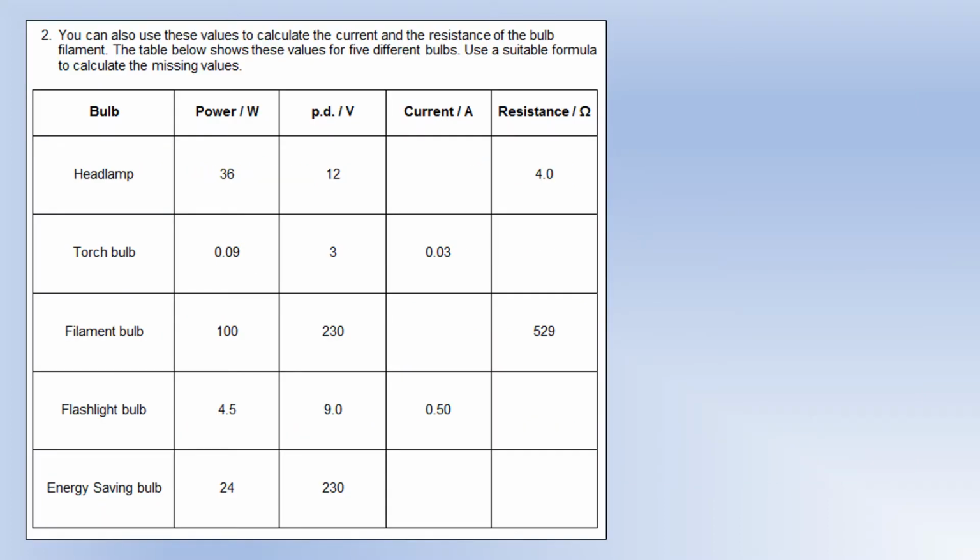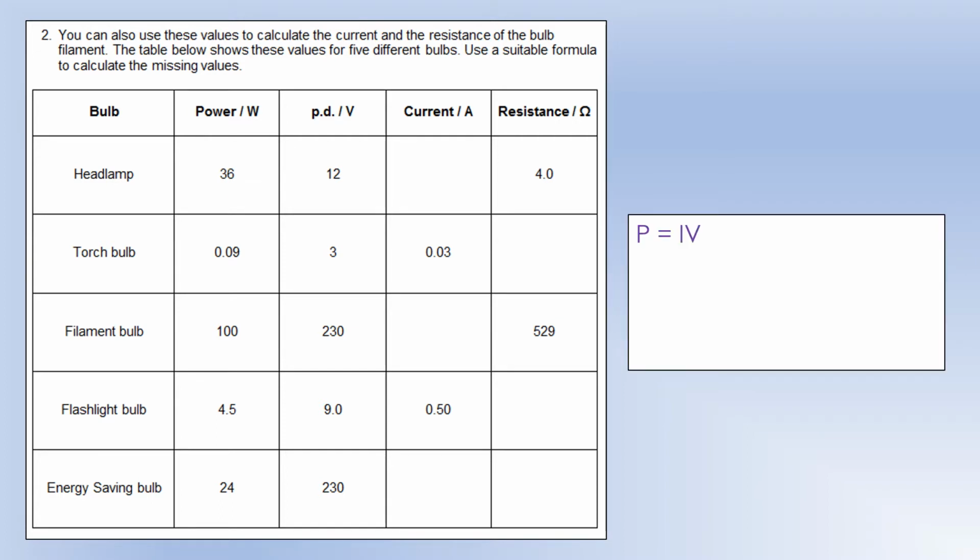Okay, so you can also use the values to calculate the current and the resistance. We need to fill in the gaps here, but let's first look at the equations we're going to use. First, the power dissipated by a component is calculated from the potential difference across it and the current flowing through it.